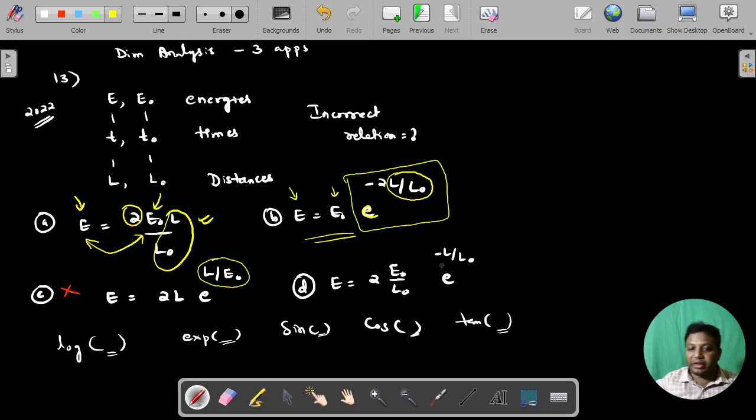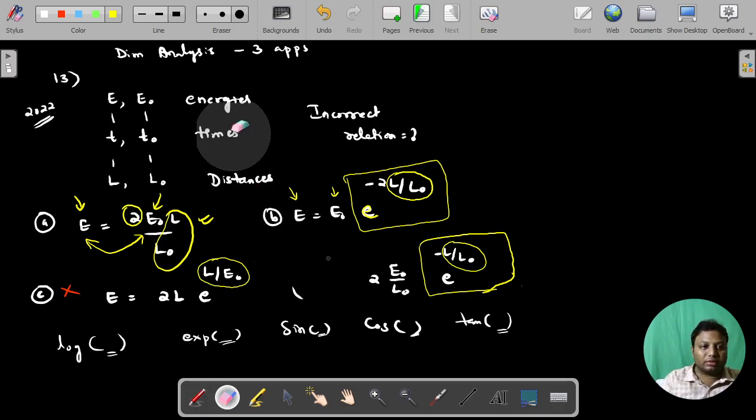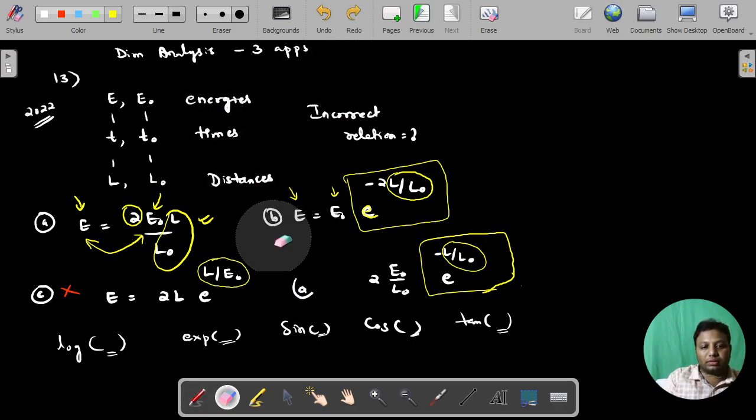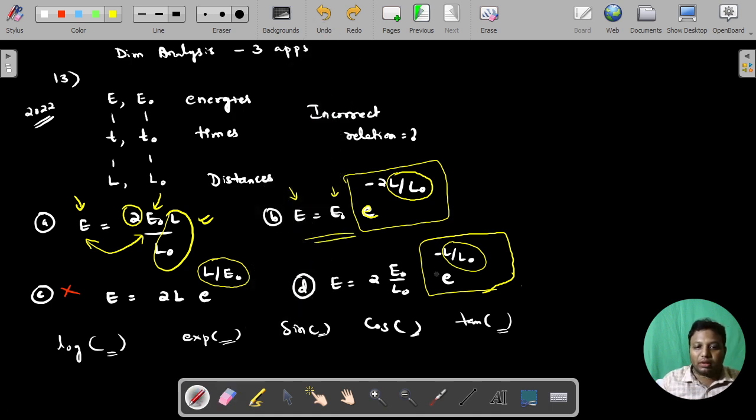Now we shall see D option also. The e power L by L naught is given. So this part is dimensionless. Now what about the remaining part?